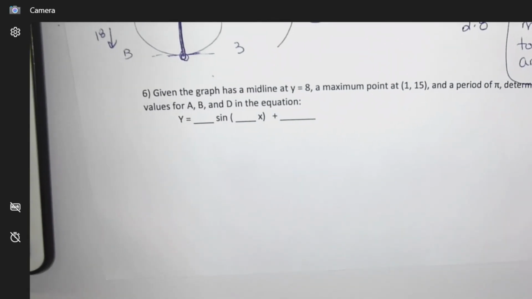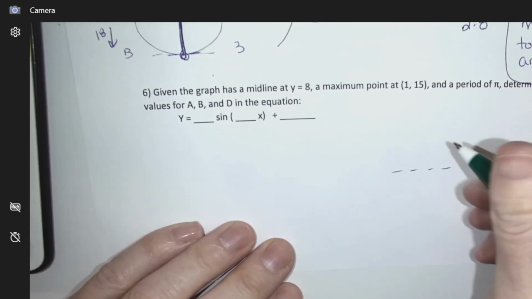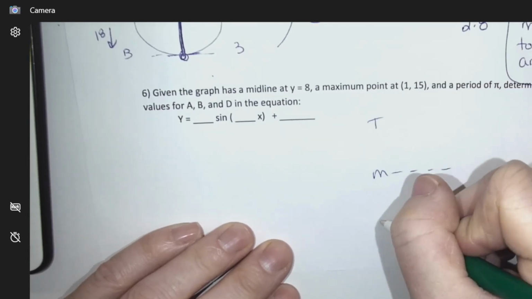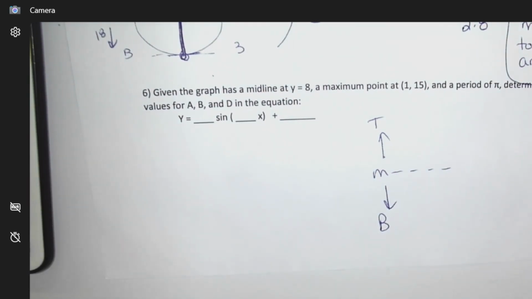All right, last question. I gave you a midline. I gave you a point, a period, determine all those things. I'm just a very visual person, so do I have anything here?